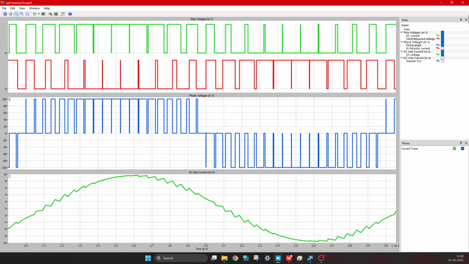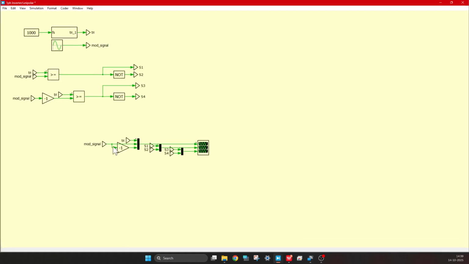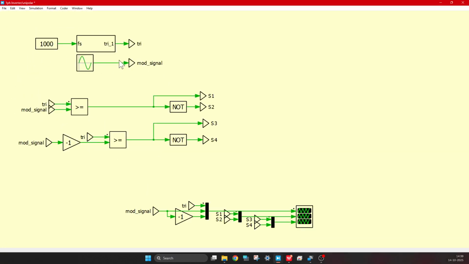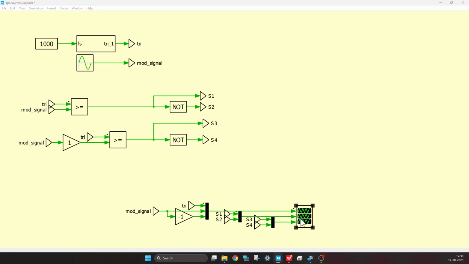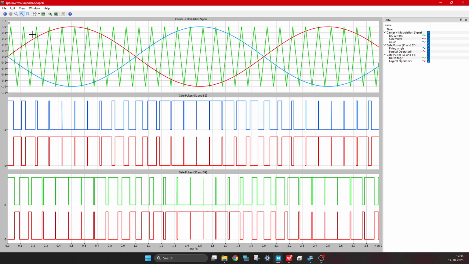Now how are we implementing unipolar PWM? We take this modulation signal and we also take its negative, that means -1 times it. So we take both sine waves: one sine wave goes like this, another sine wave at the bottom, completely phase opposite. The first sine wave, the red one, only provides pulses to one leg, that is S1 and S2.